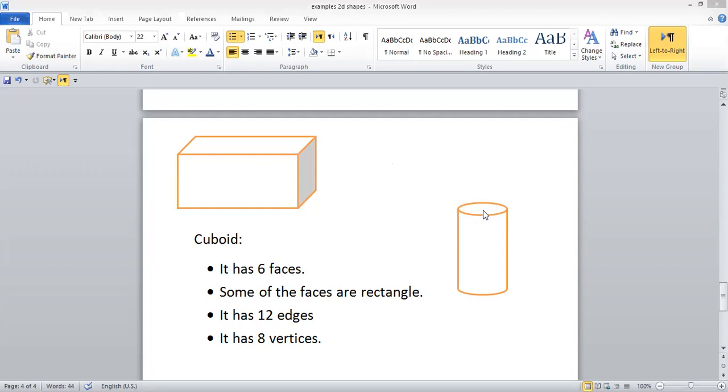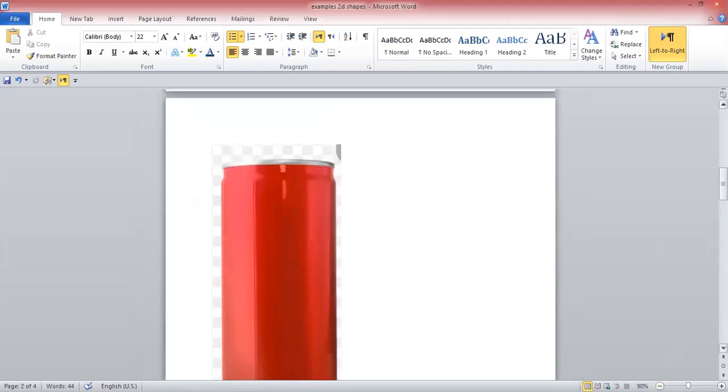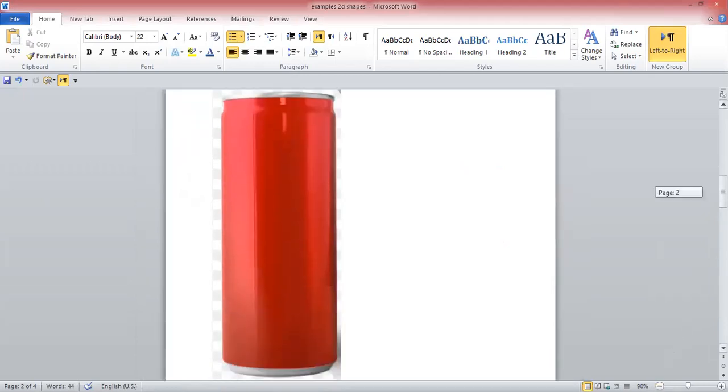Clear. Okay. We are not going to write about the cylinder because we don't have that much time, but I can show you an example of a cylinder here. Look, this is one example. Any bottle is also an example of a cylinder. This is the curved face, and these two are the flat faces, this one and this one.